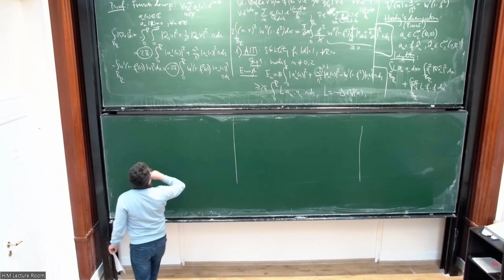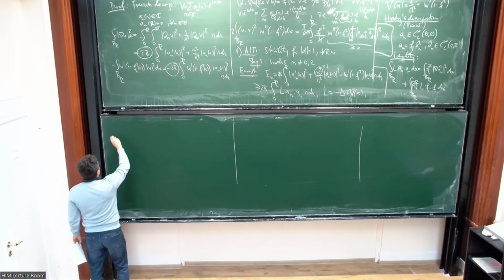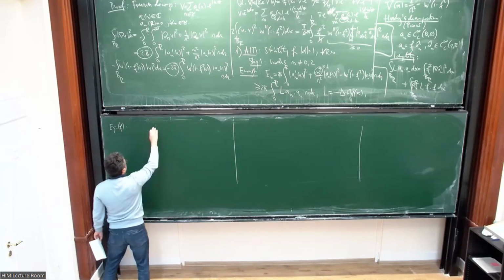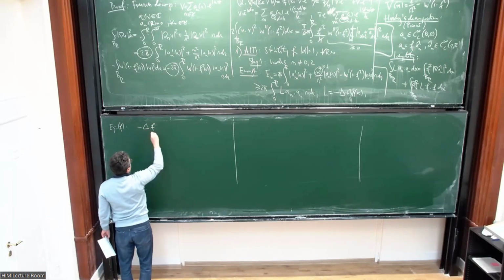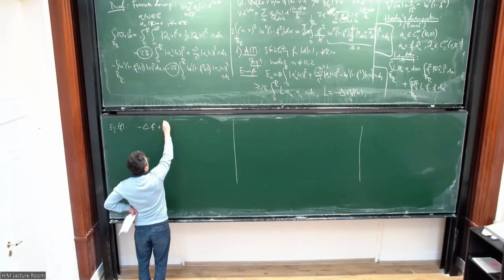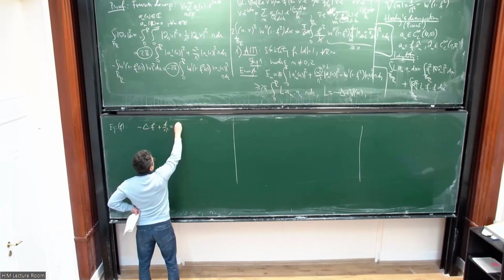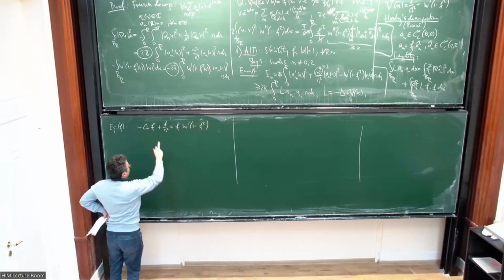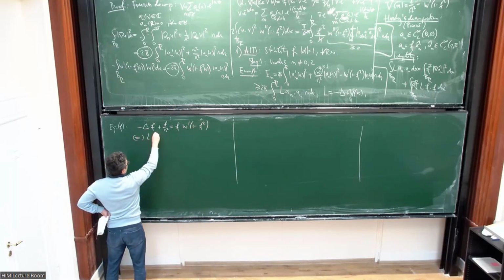So let's look at the equation. Let me recall the equation for F. It was minus Laplacian F plus d squared over r squared, F over r squared, equal F w prime 1 minus f squared. But you see that this is equivalent to saying LF is 0.